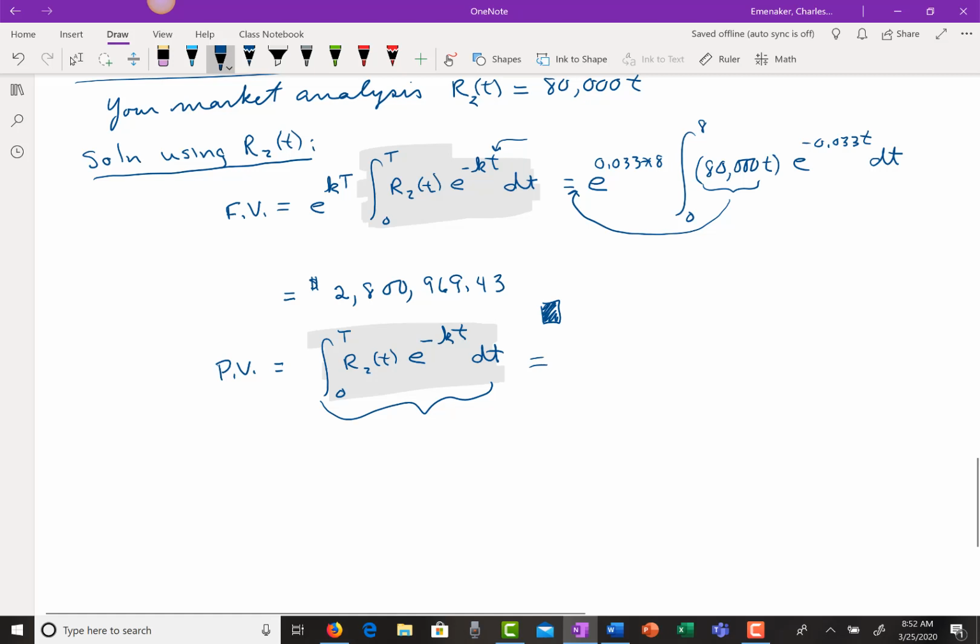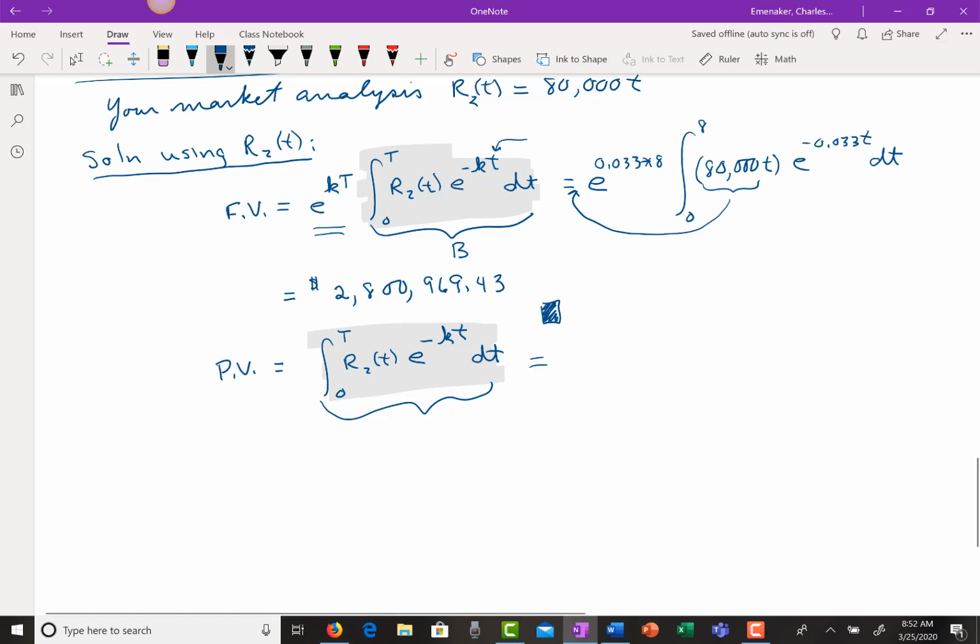That'll give you the present value. So each time you're doing the future value with a revenue stream that is not constant, the first thing you're going to do is compute the present value, the balance. Then what you're going to wind up doing is multiply it times e to the kt.